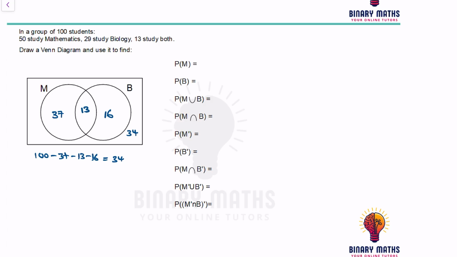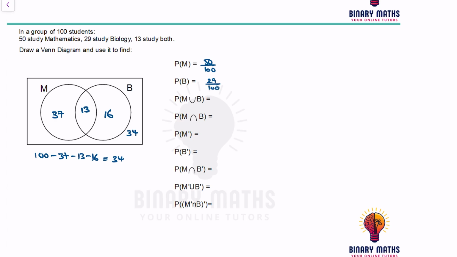So make sure everything adds up to 100, and make sure you think about the number on the outside of the circles. Probability of maths is everyone that does maths, which was already given in the text, which is 50 out of 100. Probability of biology is 29 out of 100.